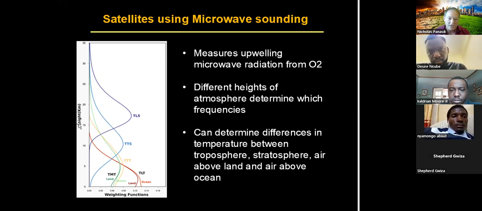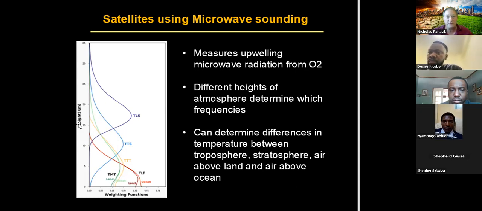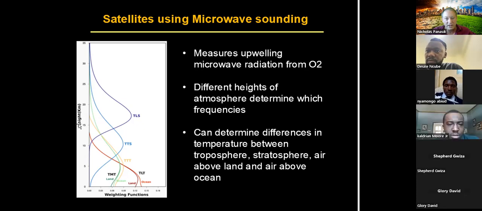And what they allow it to do is measure temperature in different levels of the atmosphere, okay? Because depending on the pressure of the oxygen, the concentration of the oxygen molecules present in a region, that will have an effect on what frequency microwaves are sent out.